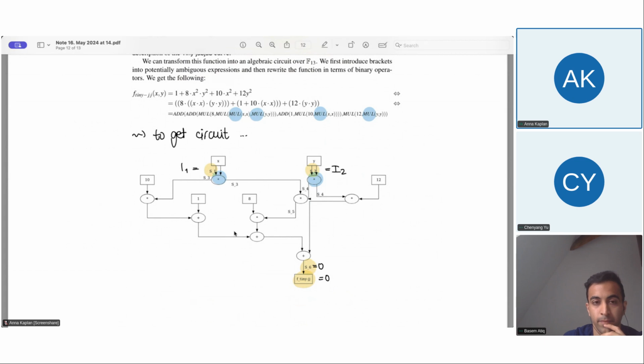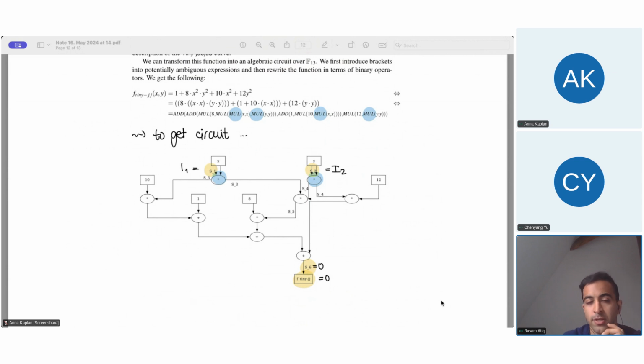So is W3 equivalent to 8 times x squared times y squared, or is it just x squared times y squared? x squared times y squared. Yes. Okay.